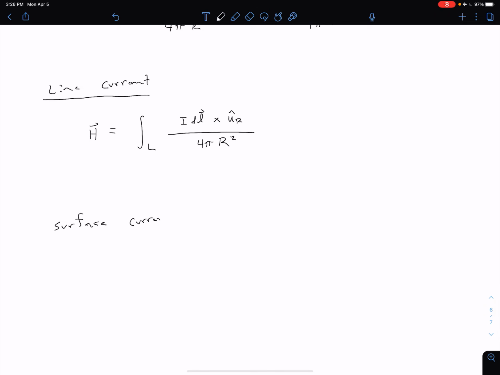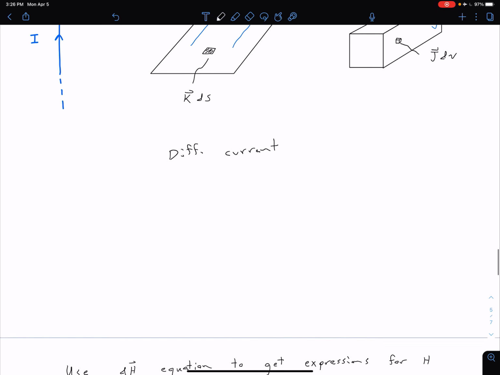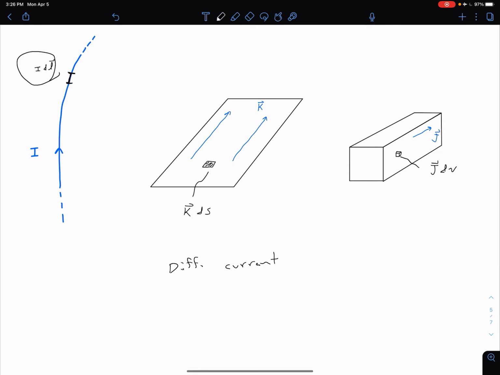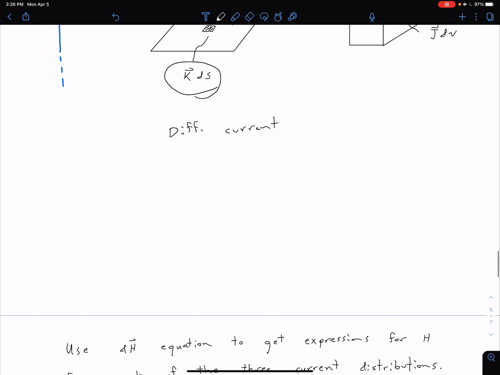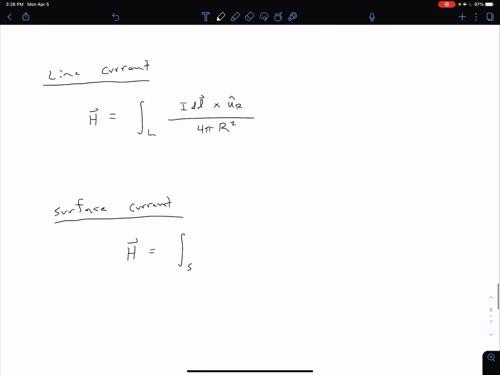Let's look at each one of those as well. For our surface current, same basic approach, except now we're going to be integrating over the total surface, and we also need to change that differential current. Instead of I dl, we have K ds. That's the only adjustment we need to make. So we have K times the differential surface cross the unit vector in the R direction, divided by 4 pi R squared.